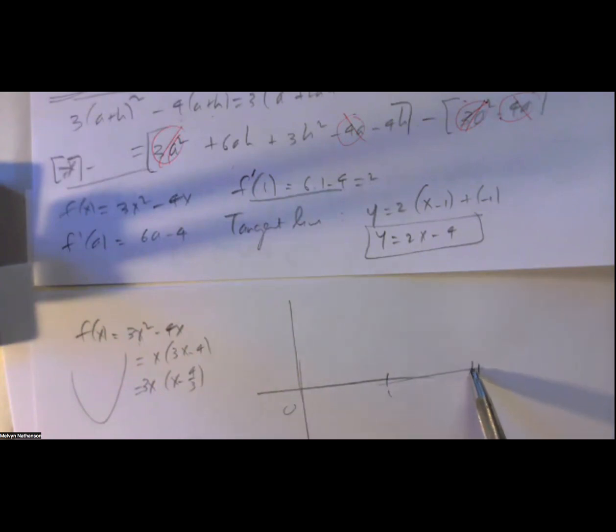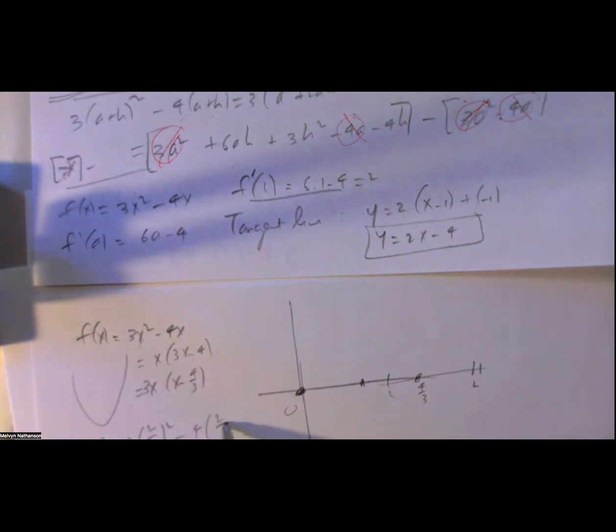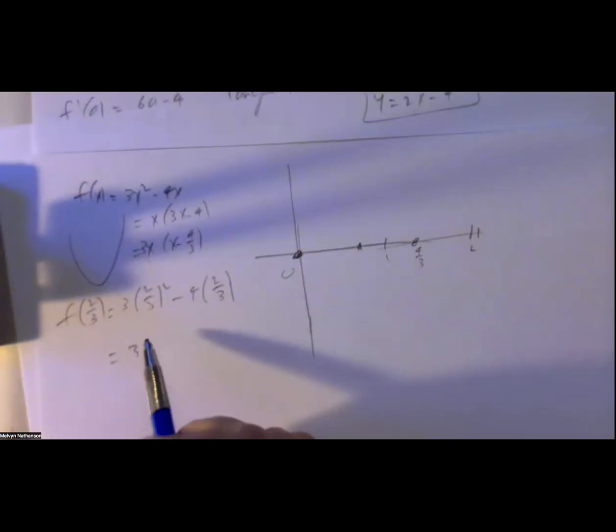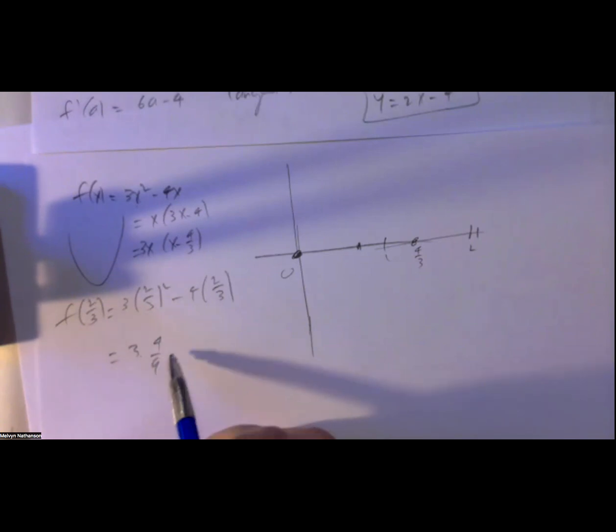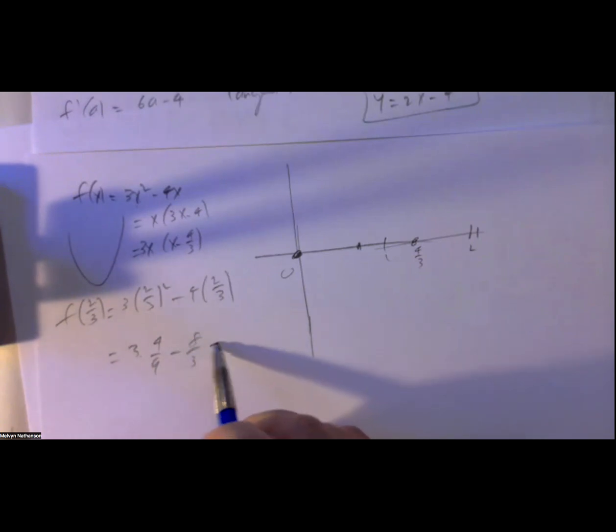So this is 0, 1, and 2. This parabola is 0 at 0 and 0 at 4/3. And between 0 and 4/3 is 2/3. And f of 2/3 is 3 times 2/3 squared minus 4 times 2/3. That's 3 times 4/9 minus 8/3.